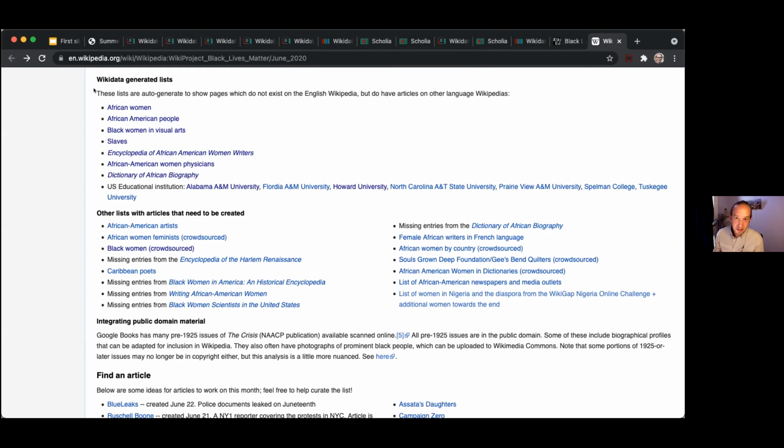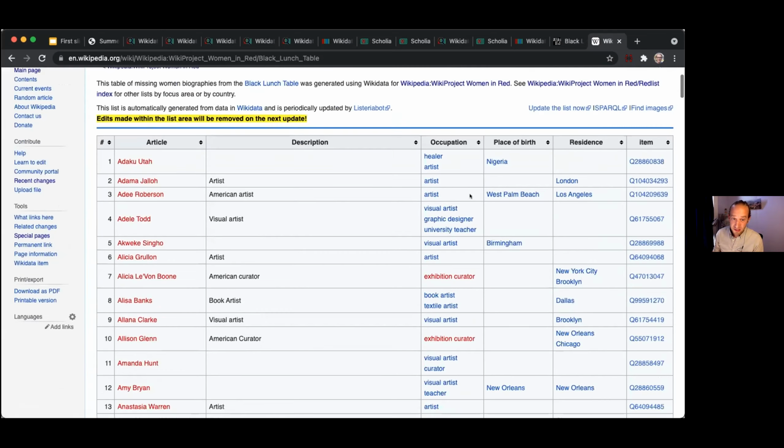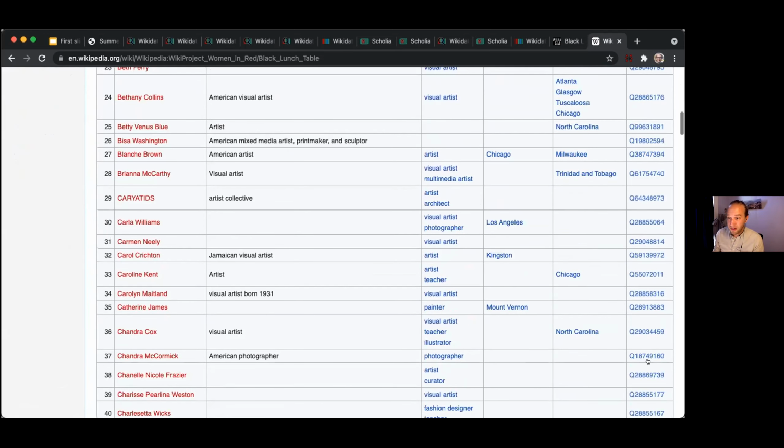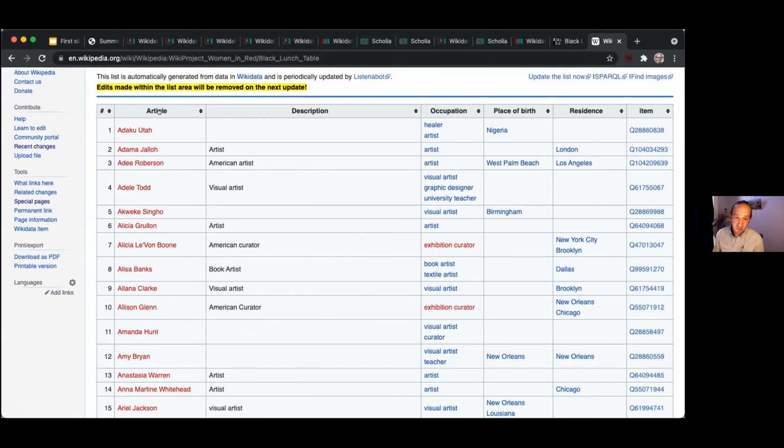This specific list has sets of individuals who do not have English Wikipedia articles, but have articles in different languages. So this is a really easy way to zero in on specific people who could use articles but don't have them yet. And so we can click on Black women in visual arts and see this list here of women who exist in Wikidata, represented here by their QIDs, but don't have Wikipedia articles.